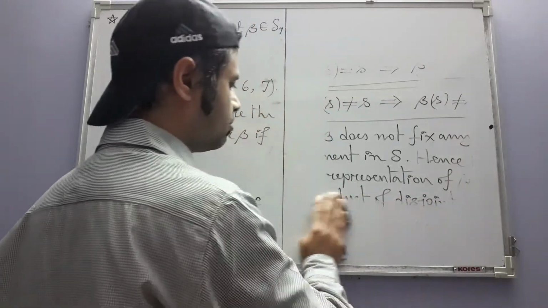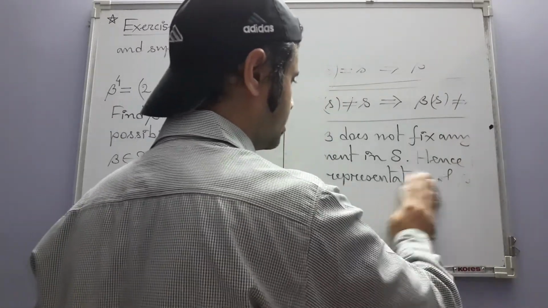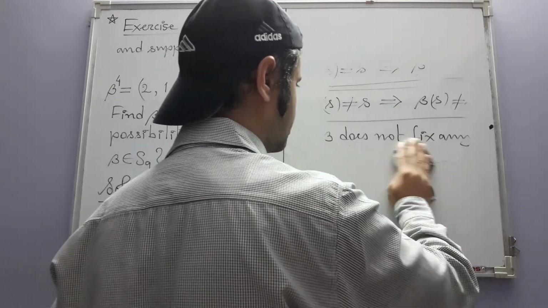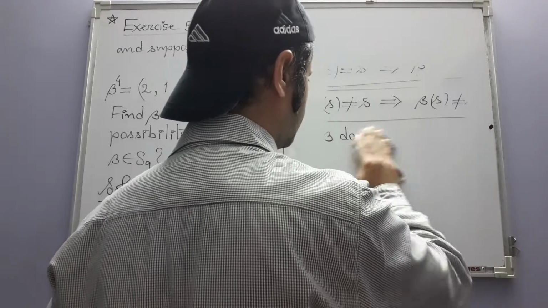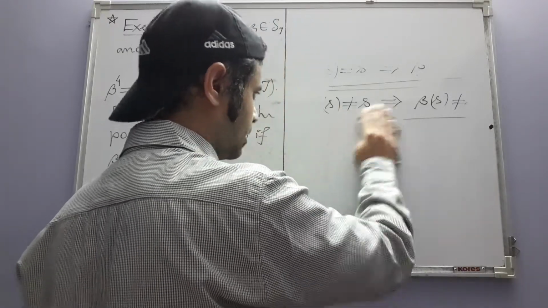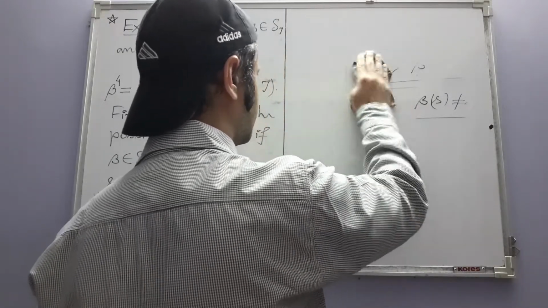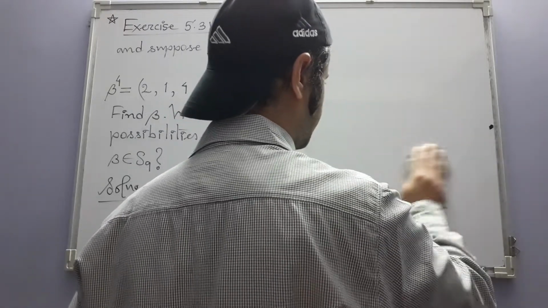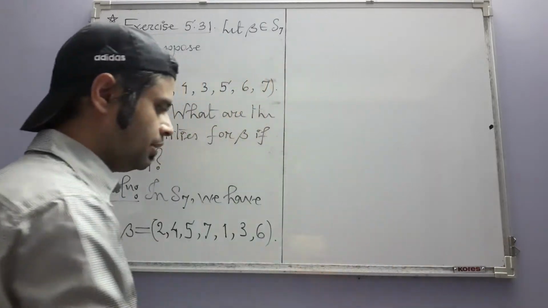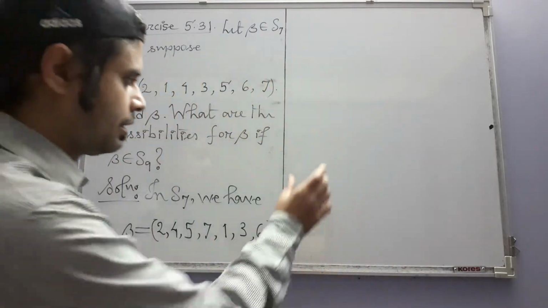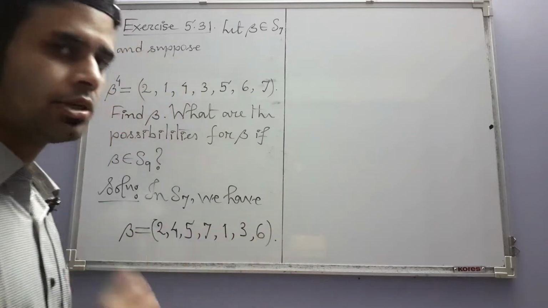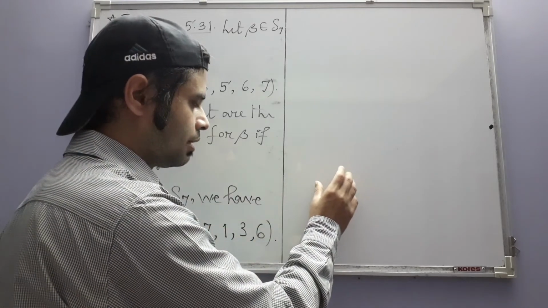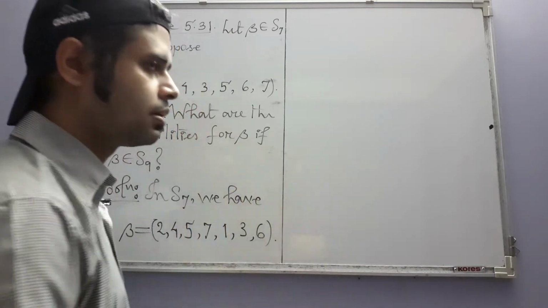So we will now look at the possibilities for our beta as a product of disjoint cycles. There are of course still many possibilities, even with the restriction that one cycles do not appear, but we are definitely not going to look at actual numbers, actual cycles, but rather the cycle structure of beta.